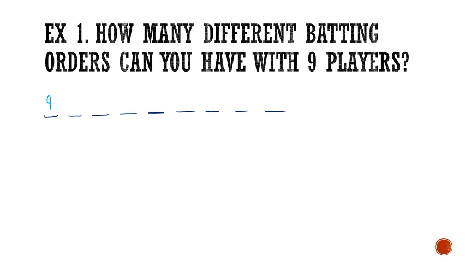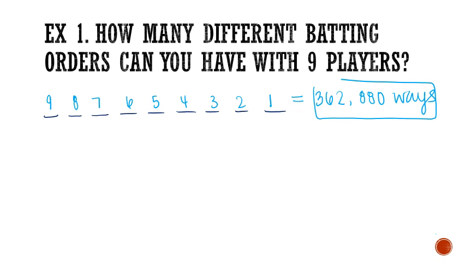Okay, then you can't repeat. So then you have 8, 7, 6, 5, 4, 3, 2, and finally 1 choice for the last one. So multiplying all that out, we get this number. So there are that many ways to arrange 9 players.